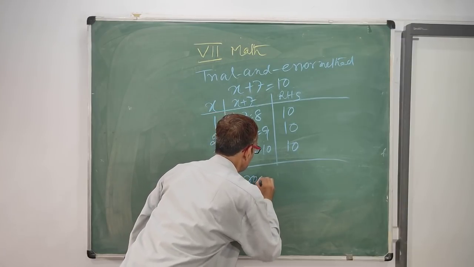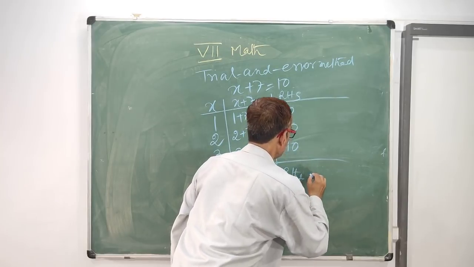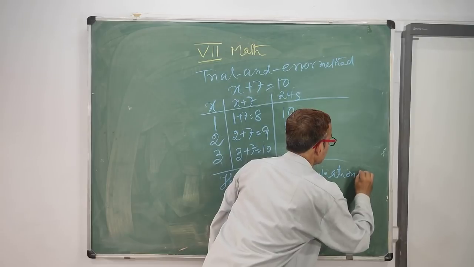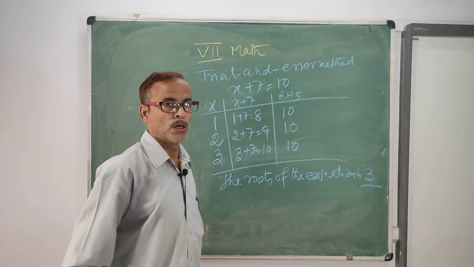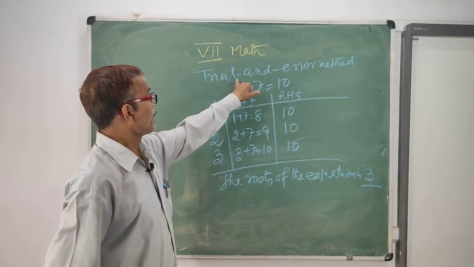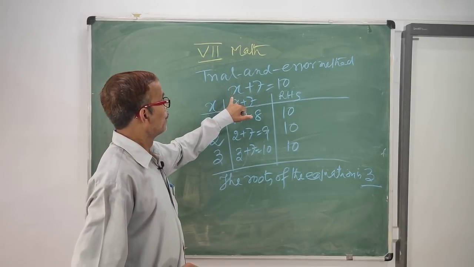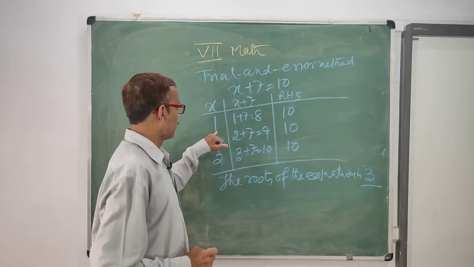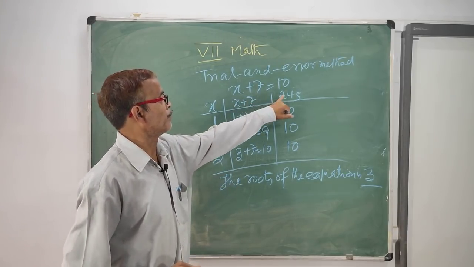The root of the equation is 3. This method is called trial and error method. Trial and error method means you take the value of x randomly, you may take a positive value or negative value and you put it in the expression on both sides.